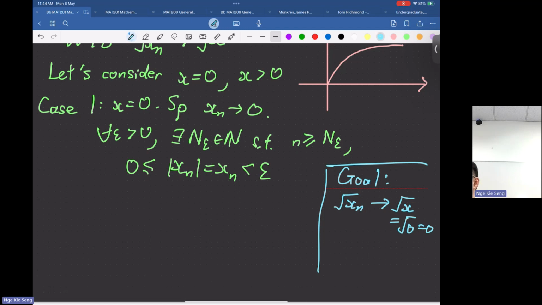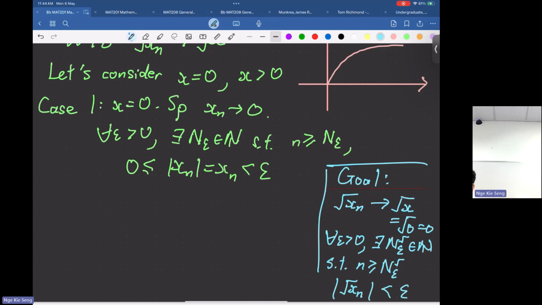Meaning, for every epsilon greater than 0, there exists, let's call it, N epsilon square root, such that for all n greater than or equal to this N, square root of x_n is less than epsilon.